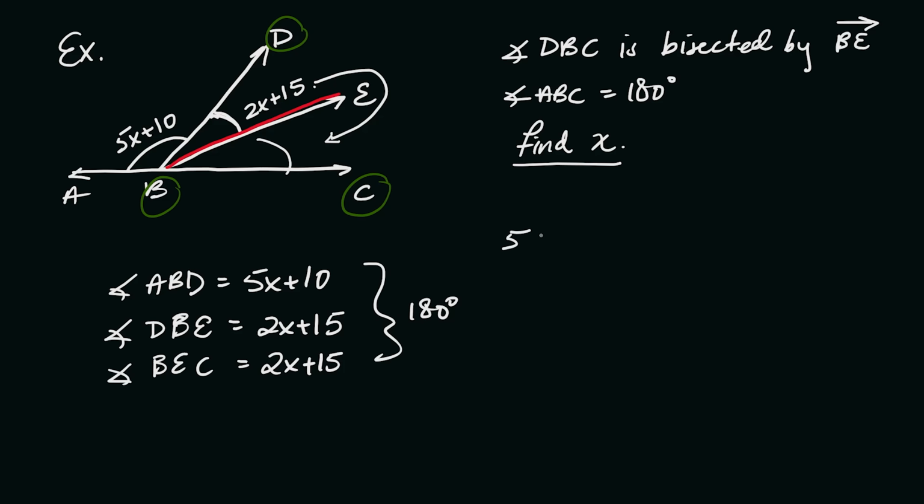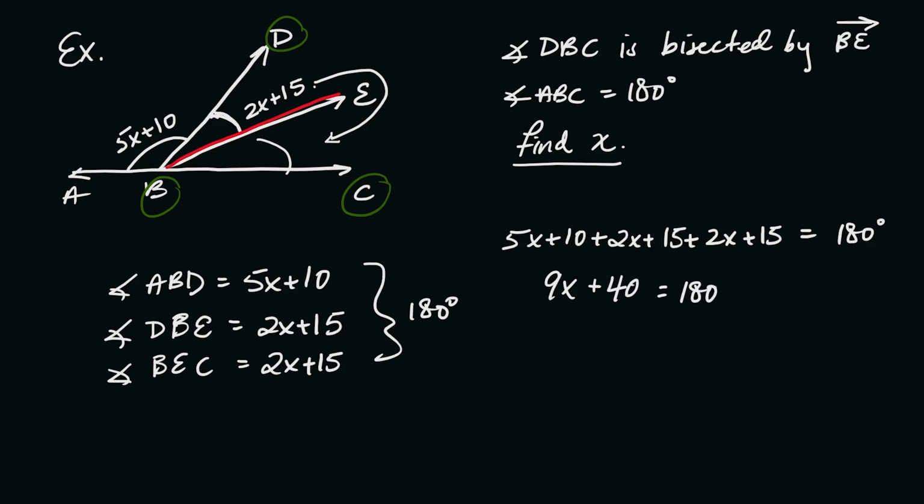So 5x plus 10 plus 2x plus 15 plus another 2x plus 15 equals 180 degrees. Now, when you add all the like terms, you get 9x plus, we got 10 plus 15 plus 15 equals 40, equals 180 degrees.